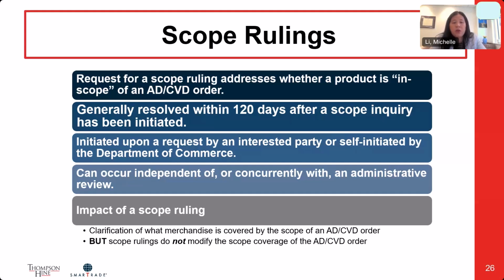Obviously, it will clarify what merchandise is covered by the scope, but the scope ruling itself does not modify the scope description of the order, and is not supposed to modify it either, unless there is a very compelling circumstance, which rarely happens. Next slide, please.